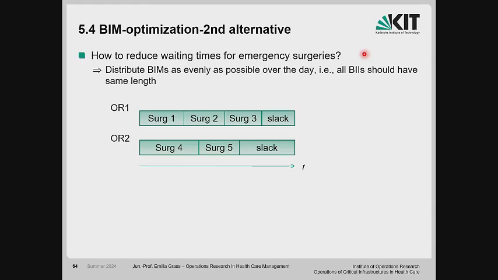If we start both surgeries at 8, and both require, let's say, 3 hours, both finish at 11, and an emergency comes in at 8:10, then the patient has to wait almost 3 hours. That cannot be optimal, and this is why we try to distribute them evenly, so that we often have break-in points where we can assign the emergency.